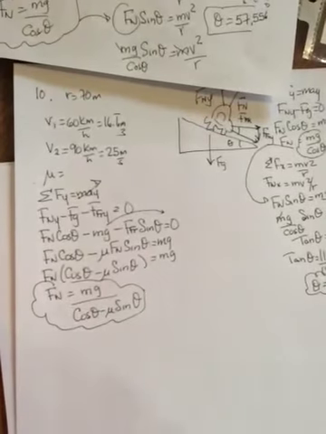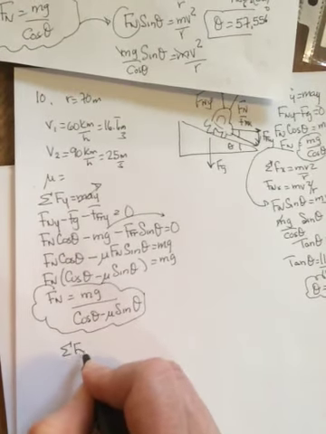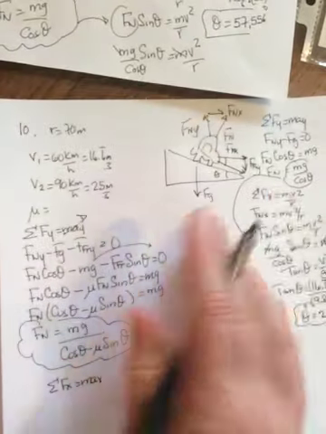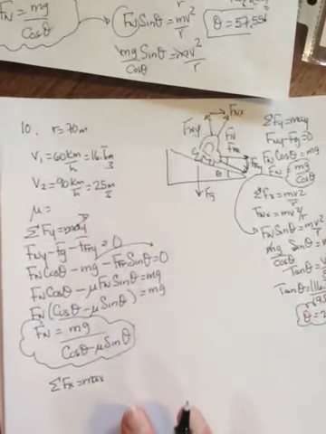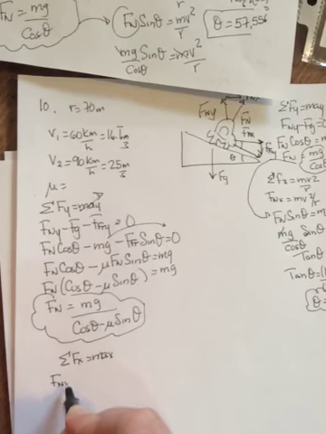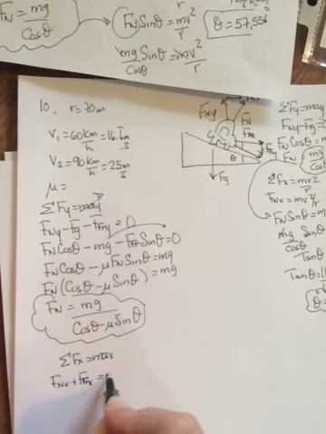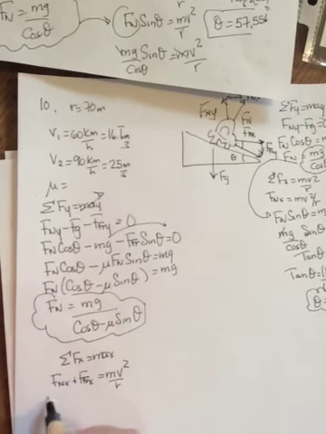So now we can go to the x direction. So in the x direction, sum of the forces equals max. And there are two. There's the F friction in the x and the Fn in the x. They're both going towards the center, so they're both positive. So Fnx plus friction in the x equals m, and ax, remember, is v squared over r.